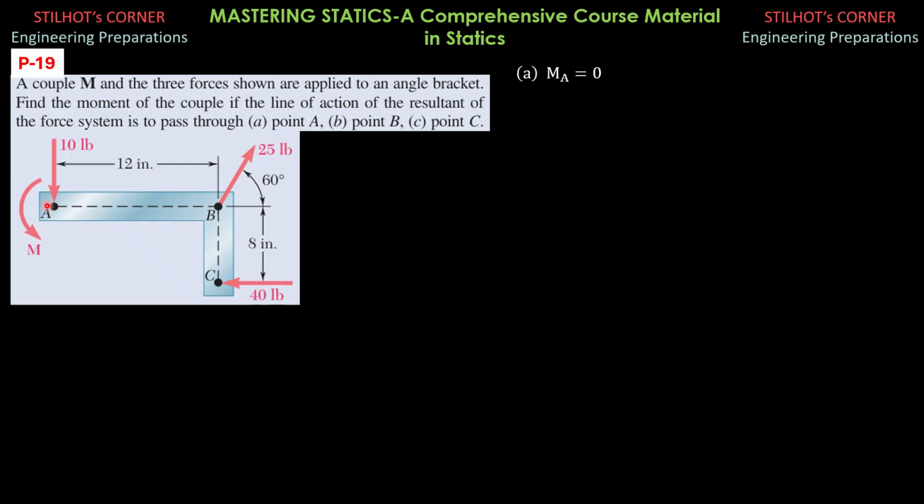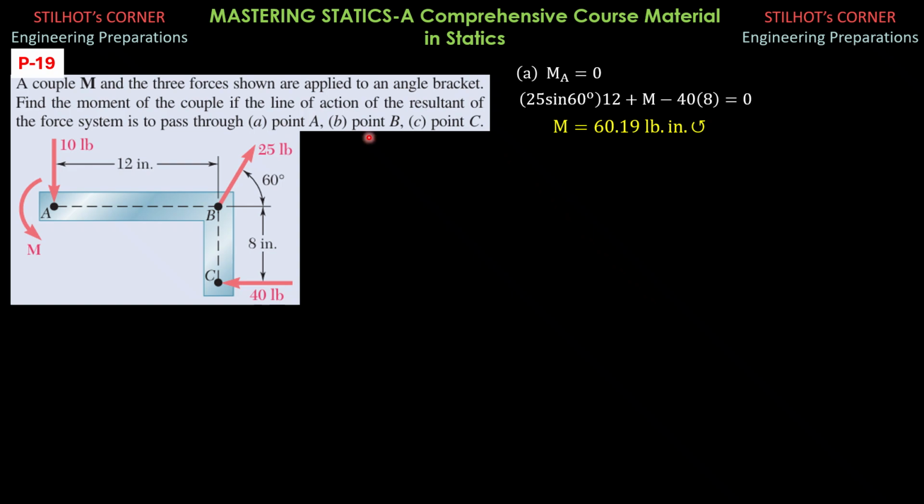So M plus 25 sine 60 degrees times 12 minus 40 times 8 equals 0. Solving for M equals 60.19 pound-inch counterclockwise.